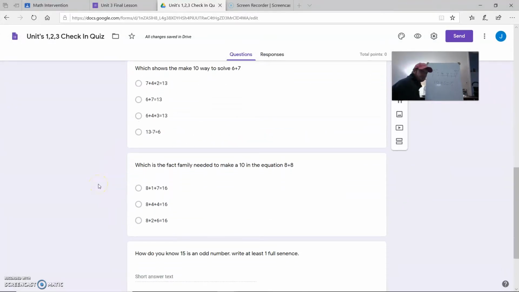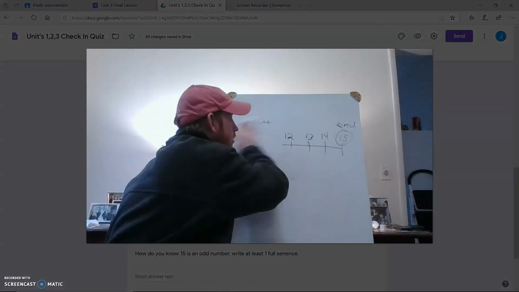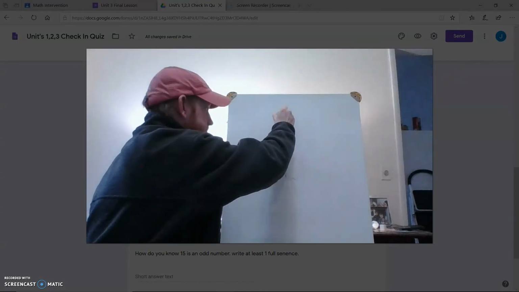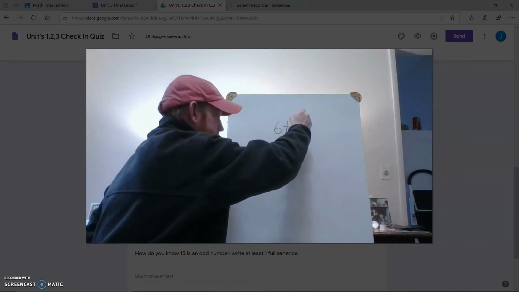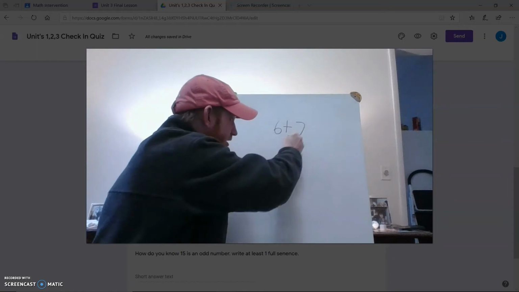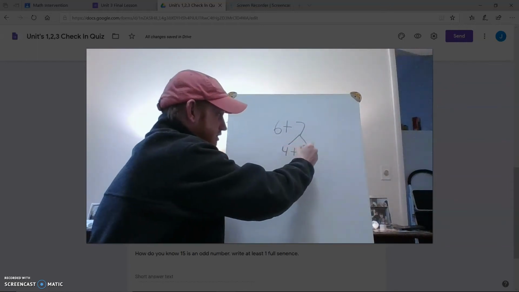Number 3, which shows the make 10 way to solve 6 plus 7? Well, we have 6 plus 7. I know that 7 can break down into 4 plus 2.